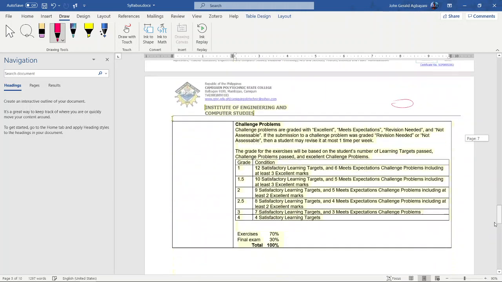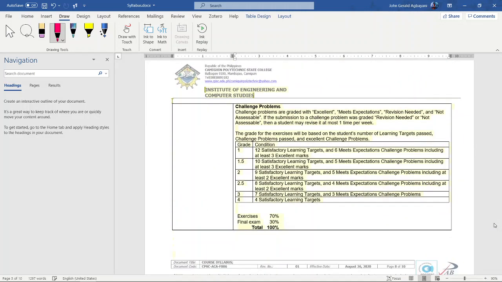So in the challenge problems, you can submit your code every week if you want. So basically, it's one problem that you are asked to solve. And then, you can code it depending on the requirements, since some may need a certain programming language for you to code it.